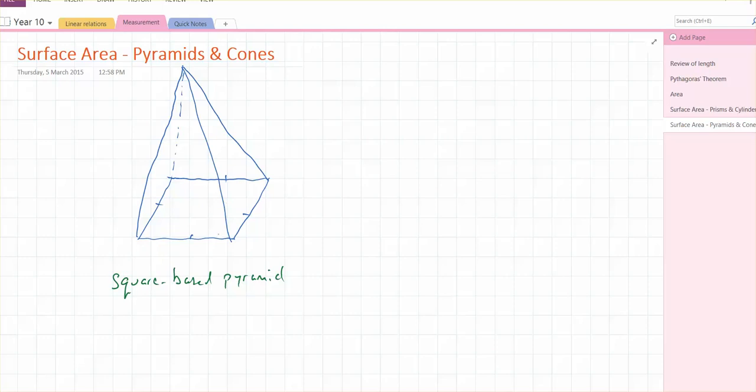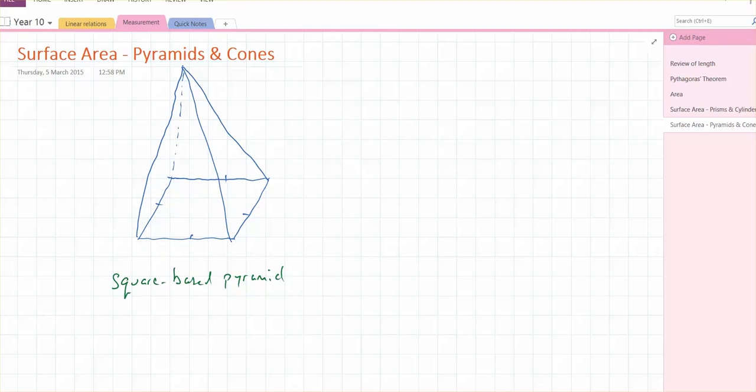Depending on how many sides our base has, that'll determine how many triangular sides we've got leading up to the point. If it was a triangular based pyramid, there would be 3. If it was a pentagonal based pyramid, there'd be 5 triangles around the outside of it, leading up to the point at the top.